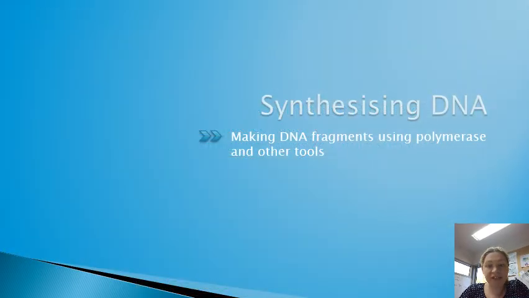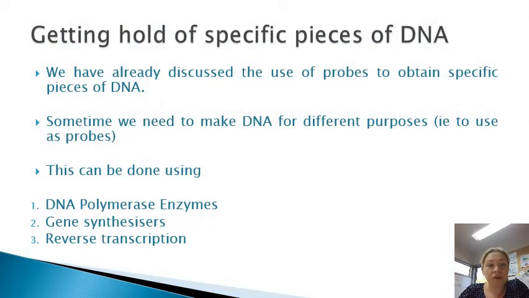Once we've found our DNA, we've got some different ways that we can then make more copies or synthesize more copies of our DNA. Let's have a look at the tools for that. So once we've got hold of our piece of DNA, we've used our probe to locate it. There are some different ways that we can make more copies of that DNA.